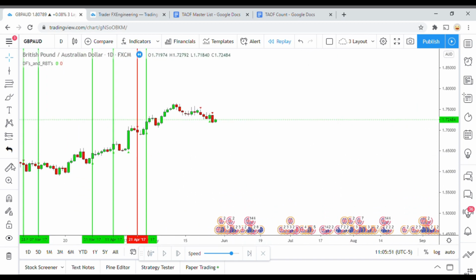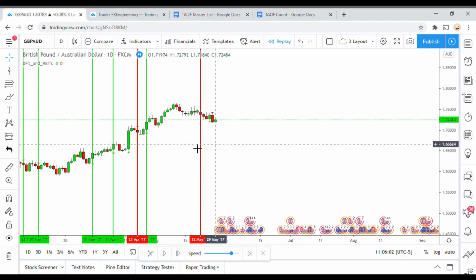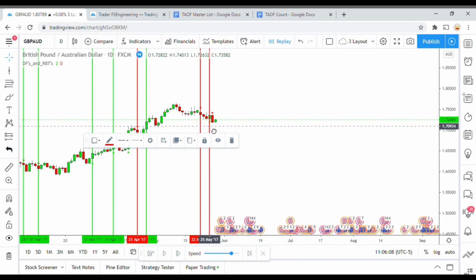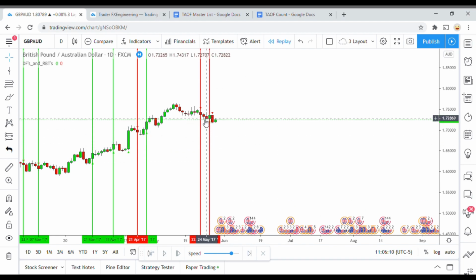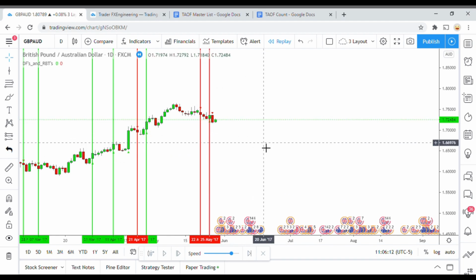Zoom these in just a little bit more. Double check it here. There to there. Nope. That would have been a losing trade, unfortunately, because it threw a long signal right there on that one, which would have stopped us out.